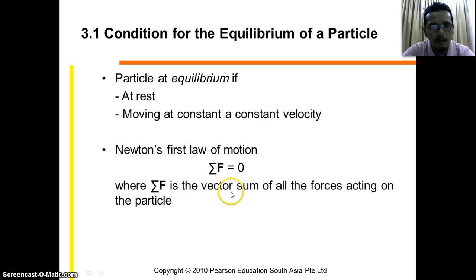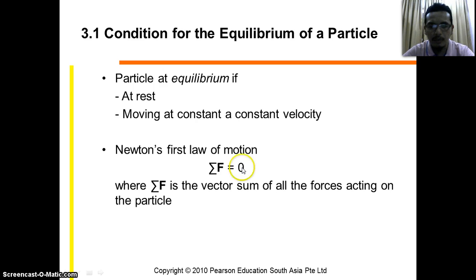Basically, the resultant of the total force acting at one point is equal to 0, meaning that the particle is in equilibrium. So when we are talking about 0, after we sum all the forces acting on one point, the total is 0.